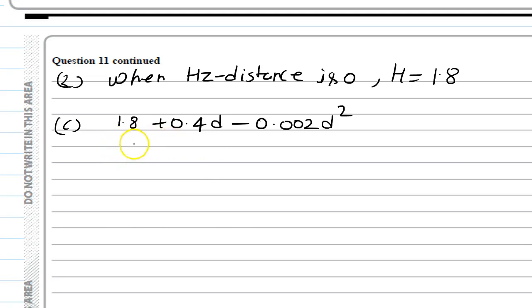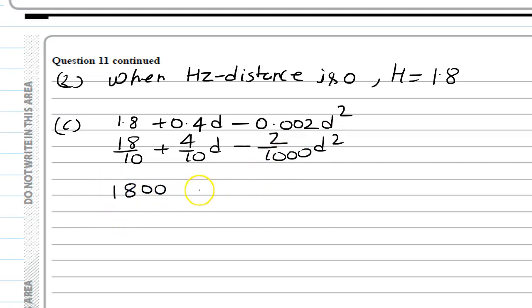So it will be 18 by 10, plus 4 over 10 d, minus 2 over 1000 d square. If we solve this, then it will be 1800 plus 400d minus 2d square, over 1000. Nice and easy, we just got rid of the decimals.